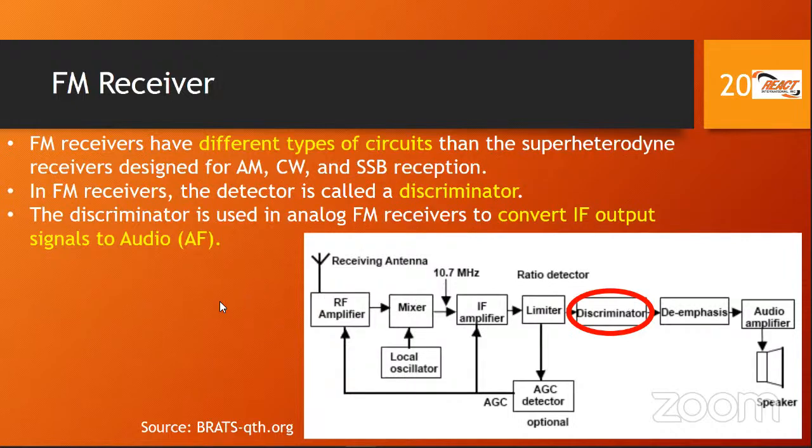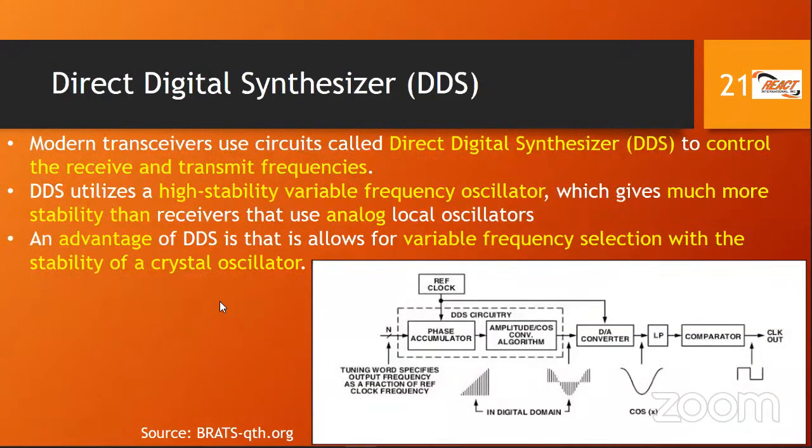So let's modernize things a little bit. Of course, in today's world, transceivers, receivers, or transmitter equipment use something called a direct digital synthesizer, or DDS, to control the receive and transmit frequencies. So modern transceivers use DDS. Now, DDS uses high stability variable frequency oscillators, and that gives much more stability than receivers that use the older analog type local oscillators.